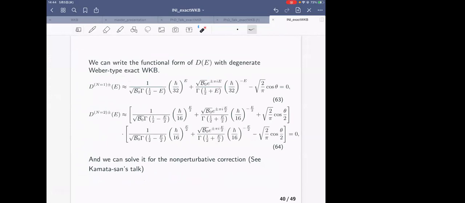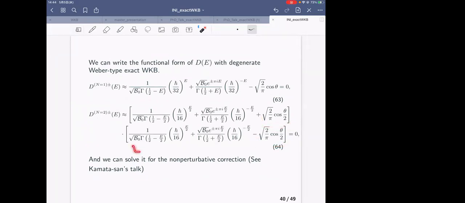And of course, we can calculate the energy eigenvalue too when we solve the D equation like this. Actually, just solving this equation, then we can obtain the energy eigenvalue directly. And of course, when we set theta equal to pi, then here and here vanish.